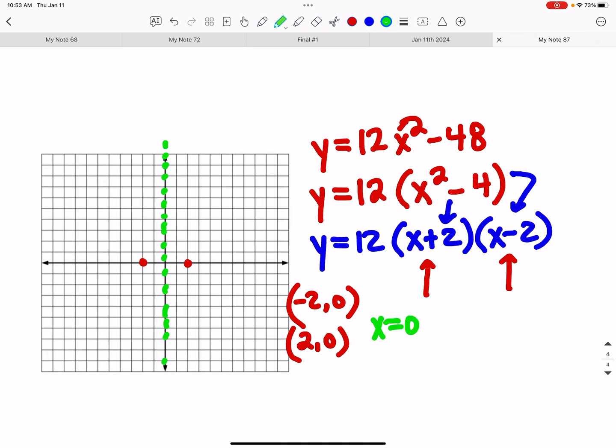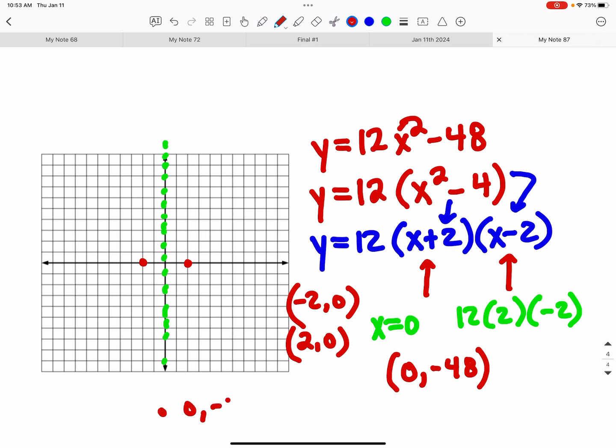So if I plug in 0, let's see, this will be 12 times 2 times negative 2. That's 24 times negative 2, which is negative 48. So it'd be way down here at 0, negative 48. And there it is.